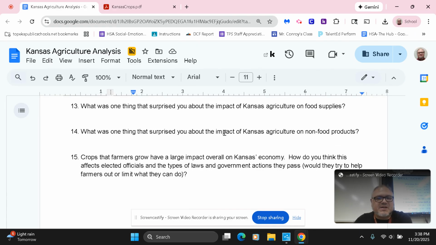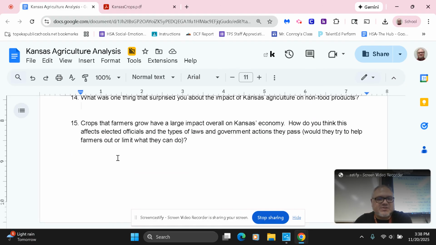What is one thing that surprised you about the impact of Kansas agriculture on non-food products? Again, maybe something that you didn't know was made based on crops, like maybe you didn't know it was already plant-based, or just something that surprised you in general. And then 15, crops that farmers grow have a large impact overall on Kansas's economy. How do you think this affects elected officials and the types of laws and government actions they pass?